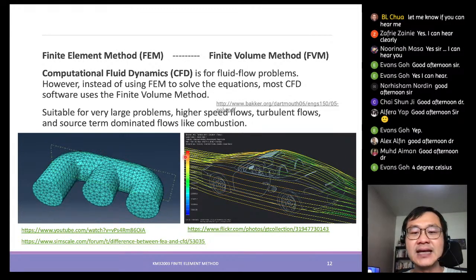You may set a velocity or a certain pressure difference between inlet and outlet, and that causes the fluid to flow through your model. So it is good to use FVM for large problems, high speed flow, turbulent flow like the car, and other things. This is where FVM is good, right?